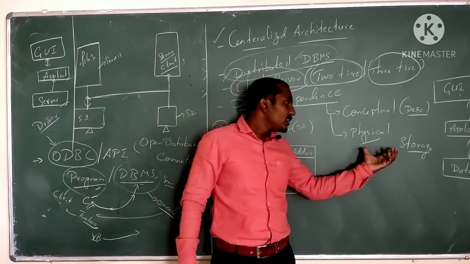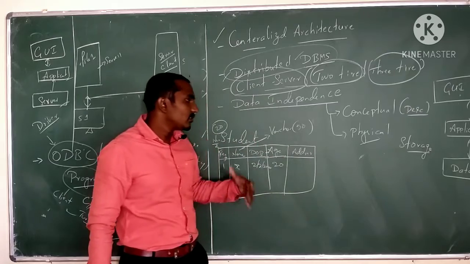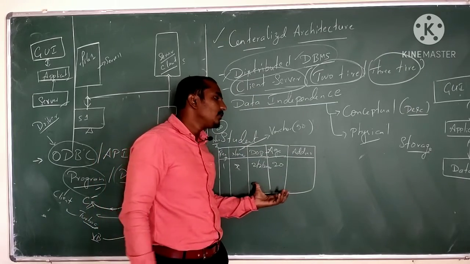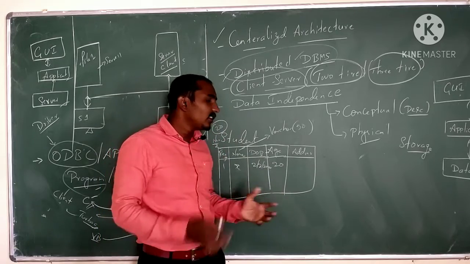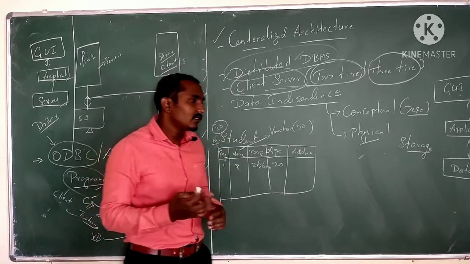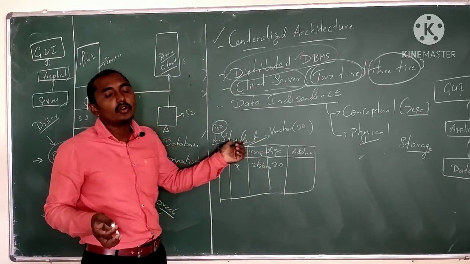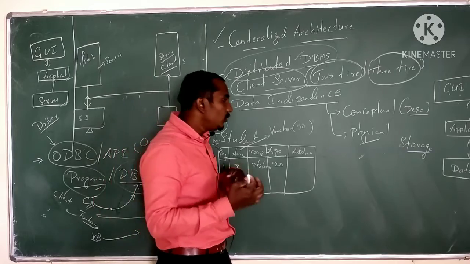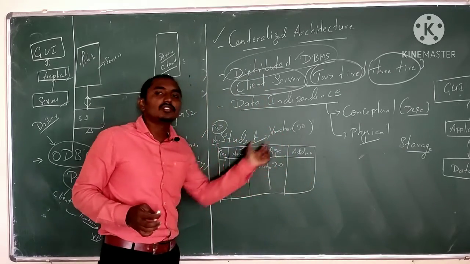Now, if you make any changes to the physical level, in the sense that the system reorganizes or changes the location of the file, or increases the size of the file, or makes some changes to the file, like renaming the table name or the database name, that will not affect the information or the structure of the table.